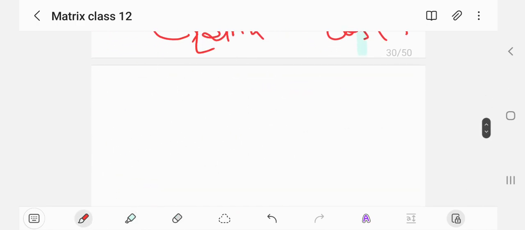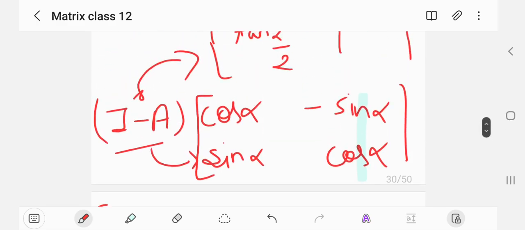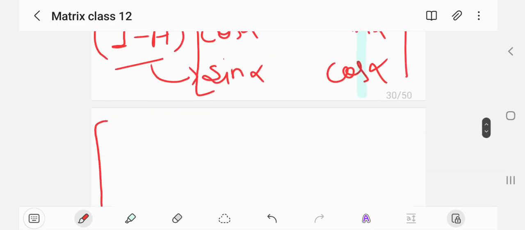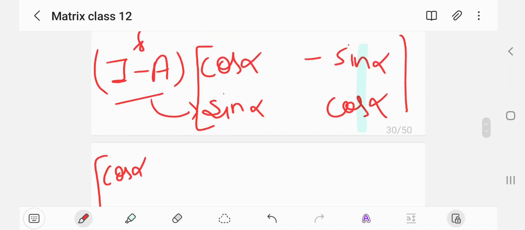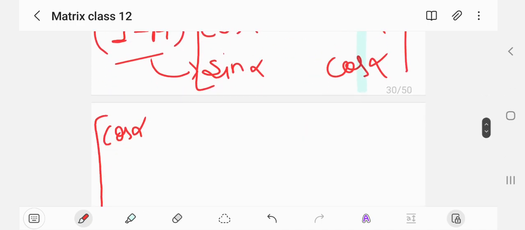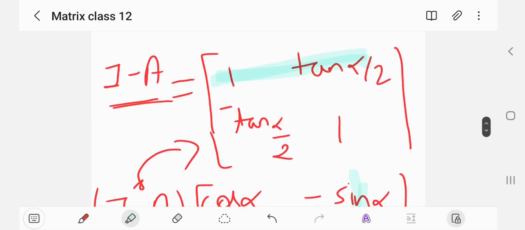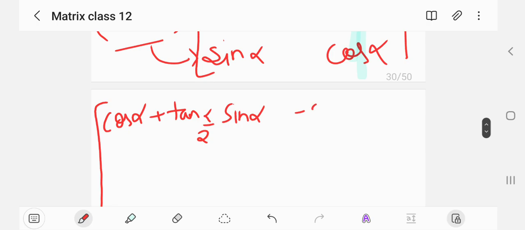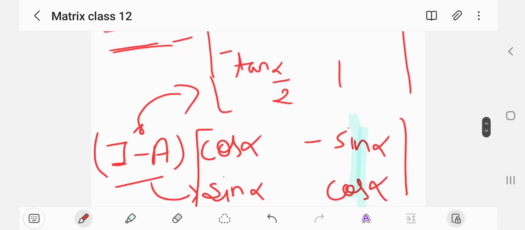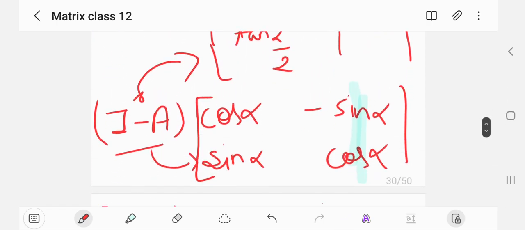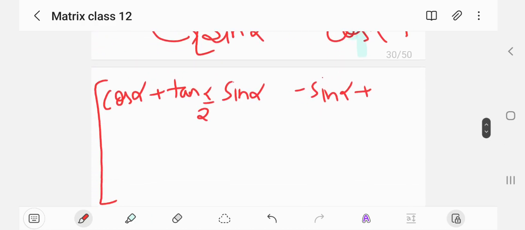I get cos alpha plus tan alpha by 2 sin alpha. When I multiply this row with this column, I get minus sin alpha plus tan alpha by 2 cos alpha.